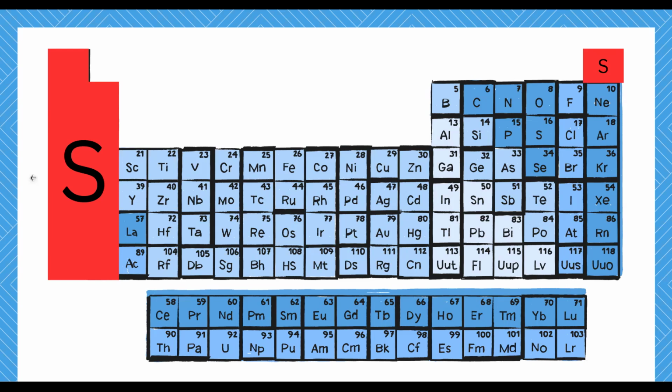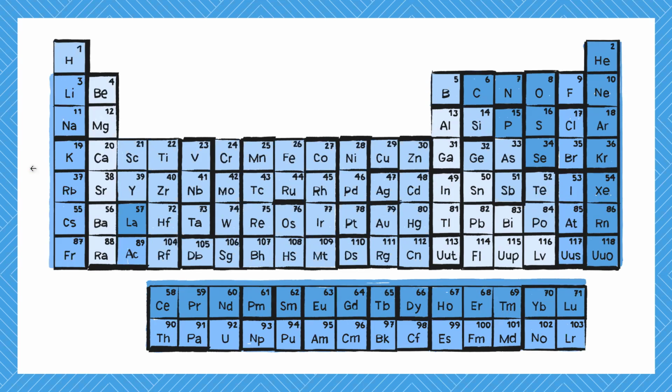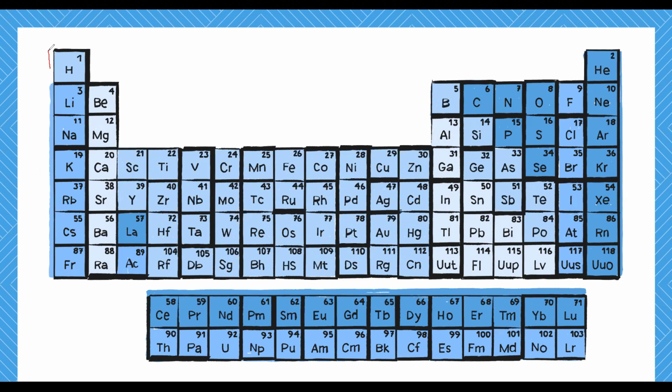I've removed the blocks now, and you will see that those red blocks covered this portion of the periodic table from here to here, and then from here to here. Is that correct? And then it also covered this place. Good.